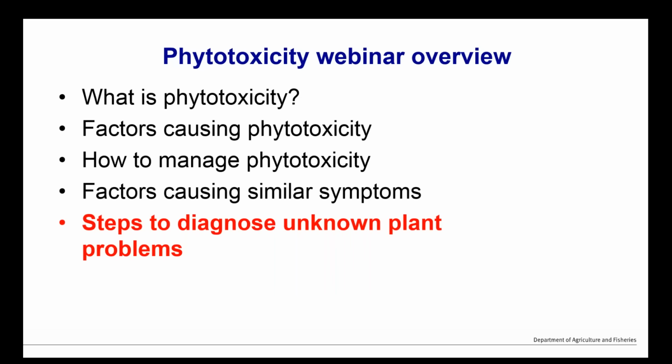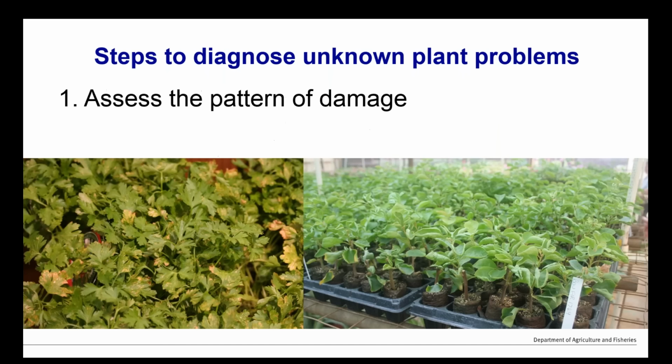Okay, so steps to diagnose unknown plant problems is the next section. This is similar to a talk that I gave at the National Nursery Conference. I've mixed it up a little bit and tweaked it specifically for this topic. The first thing to do when you're diagnosing an unknown problem is to look at the patterns in the crop.